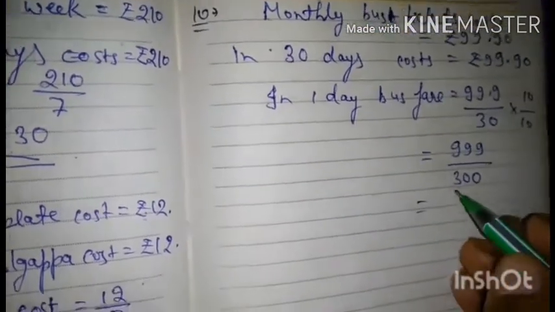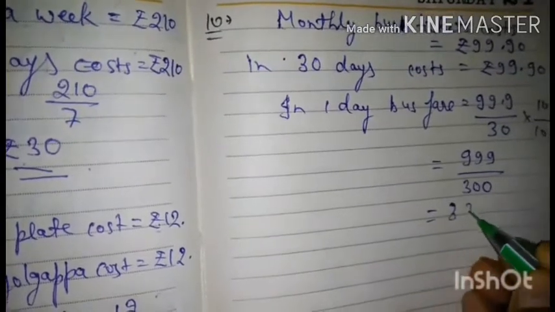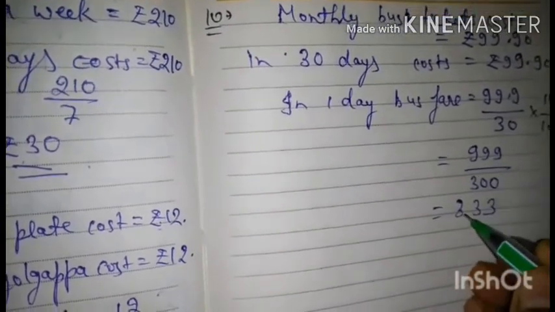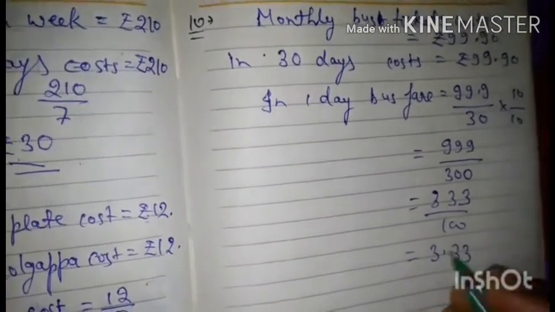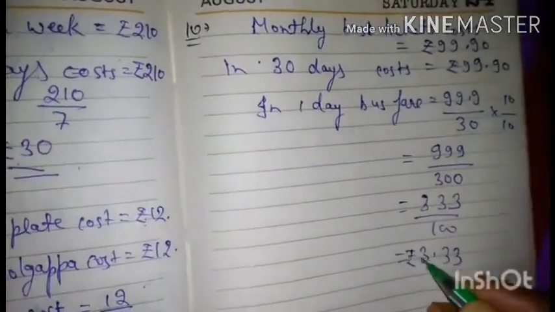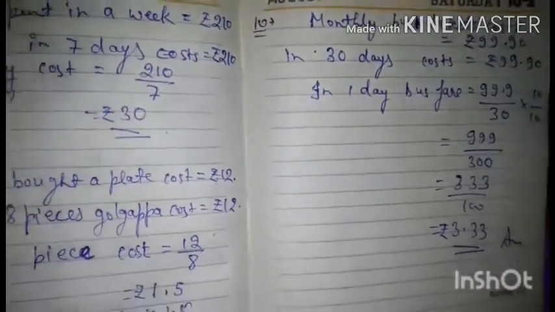Now if you divide it by 3, 3 3s are 9, 3 3s are 9, 3 3s are 9, and divide by 100, you get 3.33 rupees. Okay, now try it and do all the solutions in your notebook.